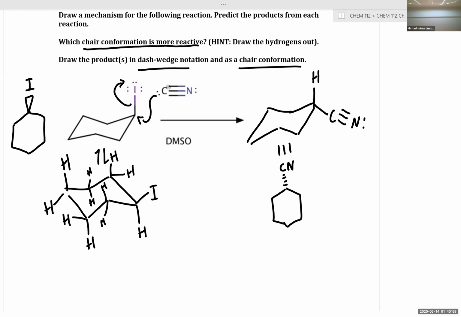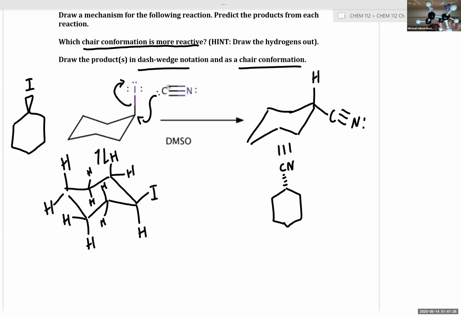Now to answer the question, what chair conformation is more reactive? Let's entertain both of the possibilities for our chair conformations. Okay, so here is our first potential chair conformation.